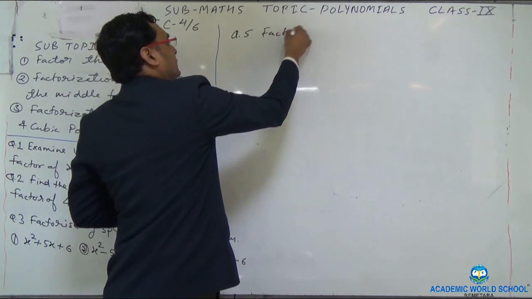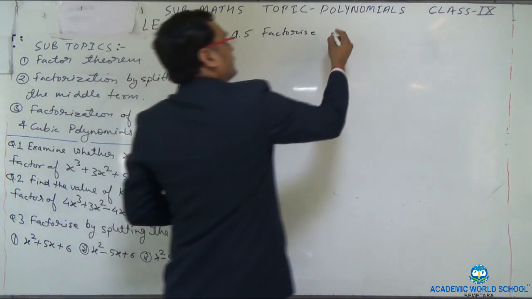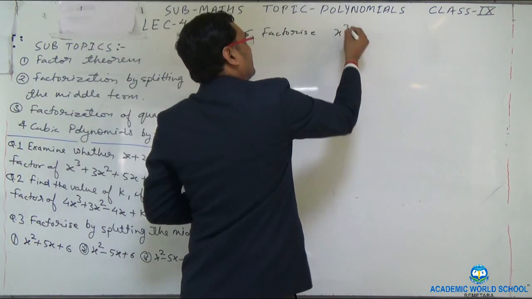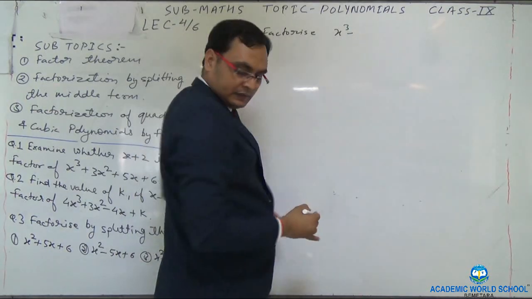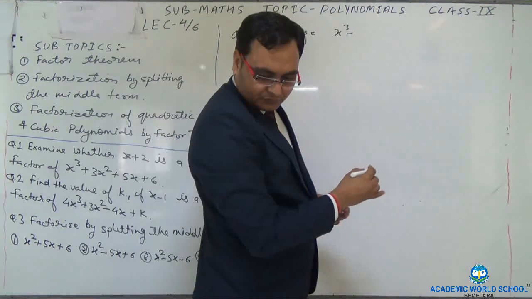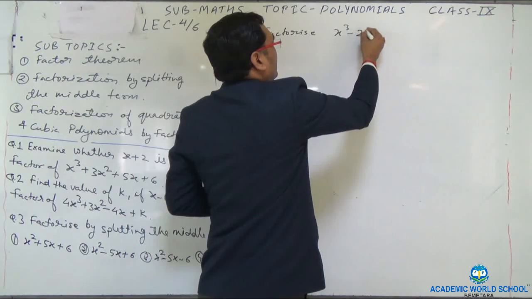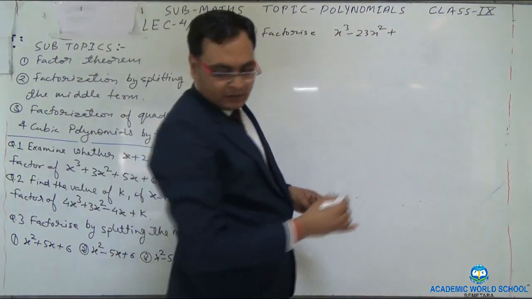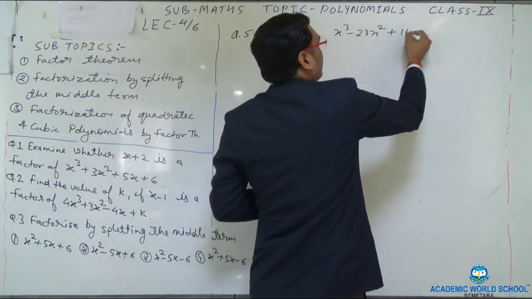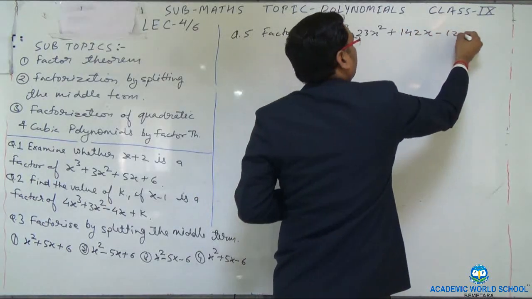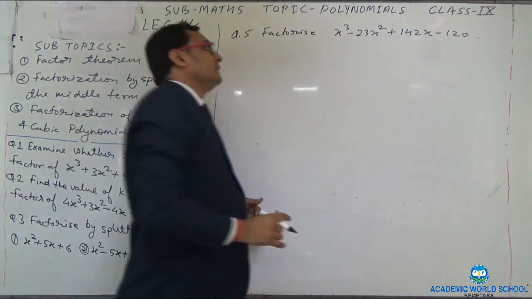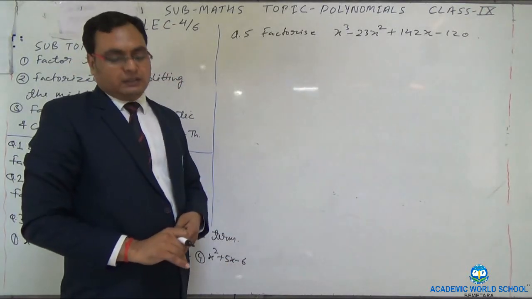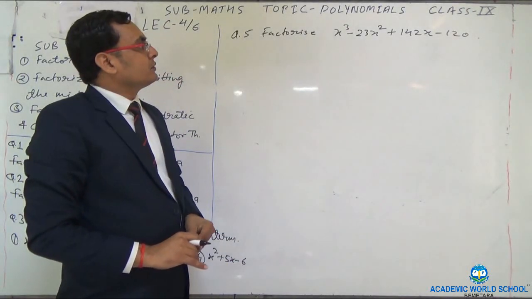Factorize the cubic polynomial x cube minus 23x square plus 142x minus 120. This is a cubic polynomial and we want to factorize it.